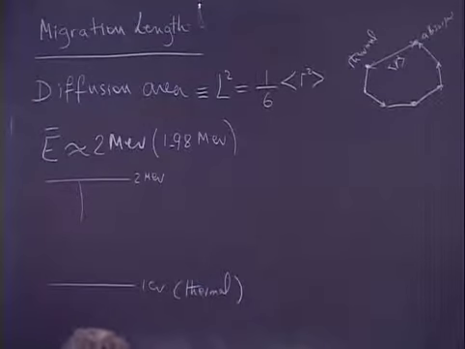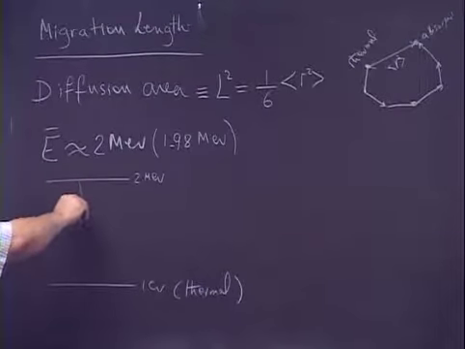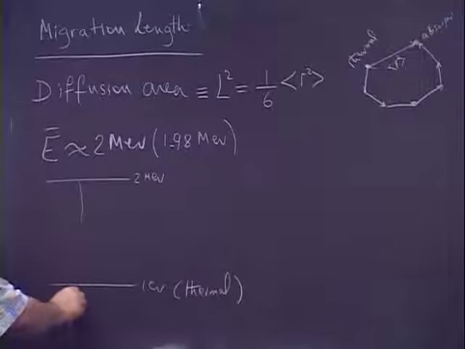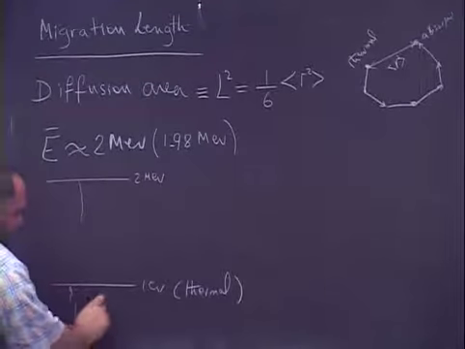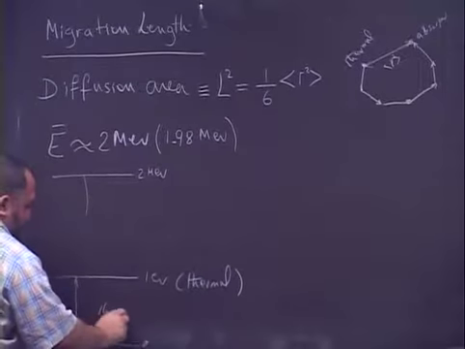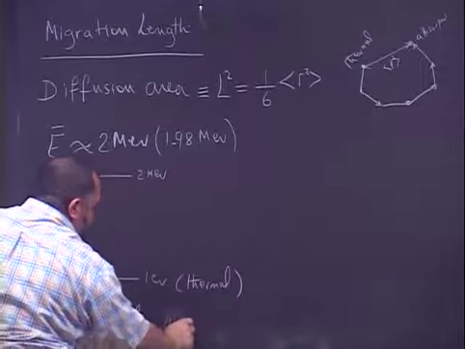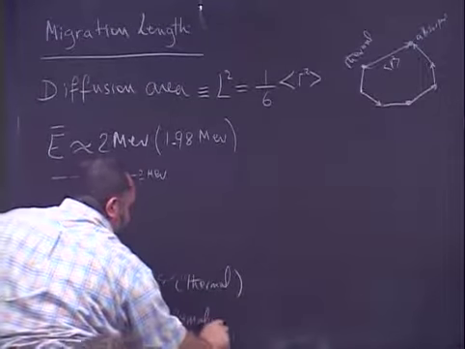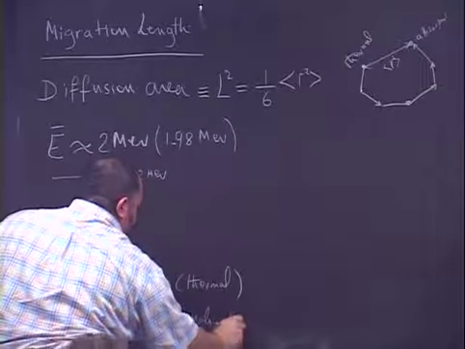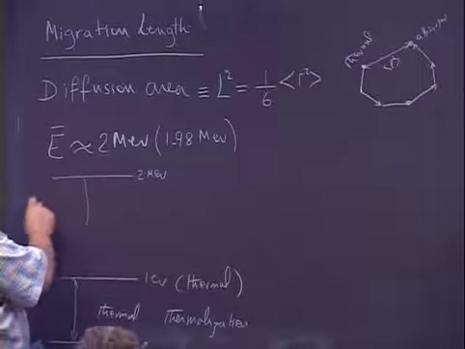For the fast energy region, while the neutron is generated here with 2 MeV, it's in this energy bin between 1 electron volt and 0. This is the thermal energy region. So usually we call it here thermalization. The neutron is thermalizing with the media, but here the neutron is in moderation or slowing down.